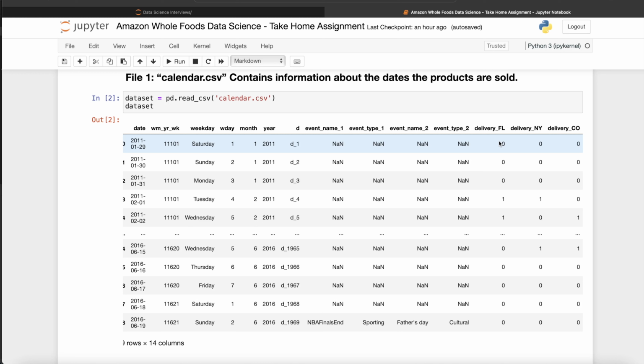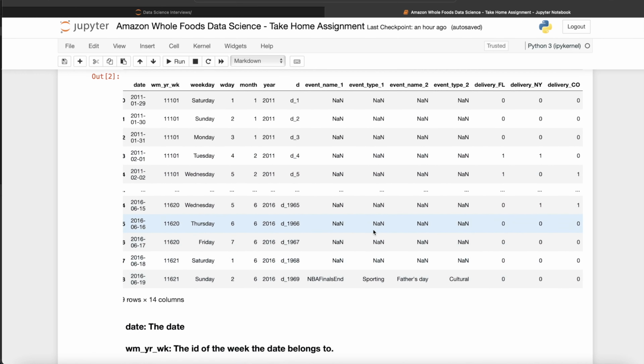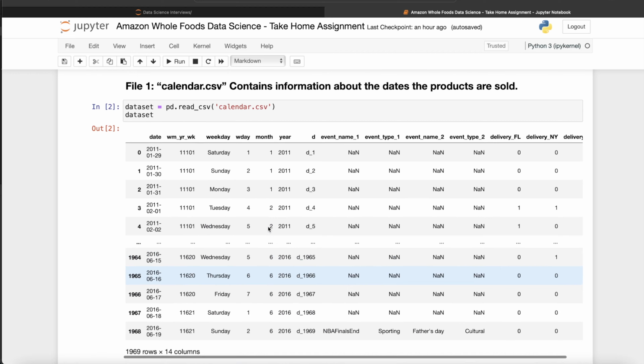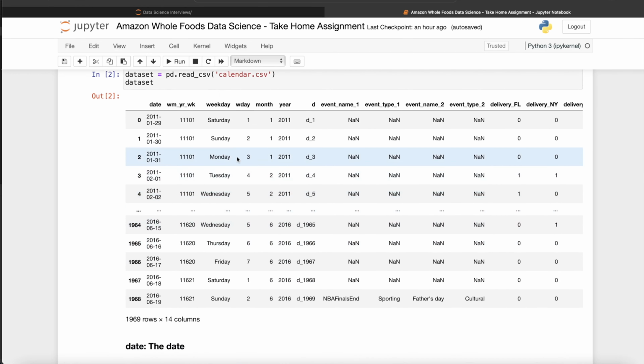Maybe they didn't have delivery people on a particular day, they had a shortage of staff, or maybe holidays on a couple of days, whatever the reason, and that is what we need to analyze as well. On some days in Florida there was no home delivery, but on other days there was. So these were the 14 columns of this calendar.csv file, and about 2000 rows.